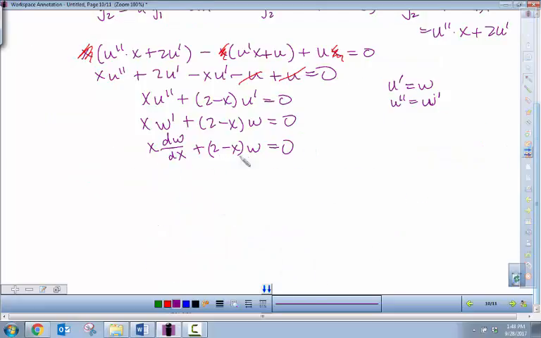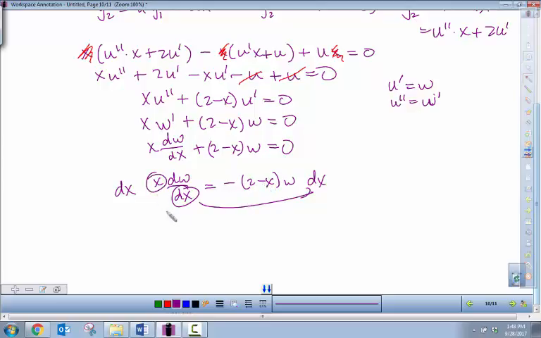Let's bring this over to the other side. x dw/dx is equal to negative (2 minus x) w. And then let's multiply both sides by dx, and then divide by x and w to get the w over to the other side.